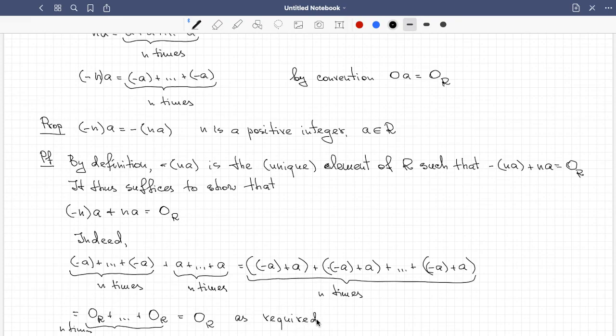So we showed that negative n times a plus n a is 0, in this way proving the proposition.